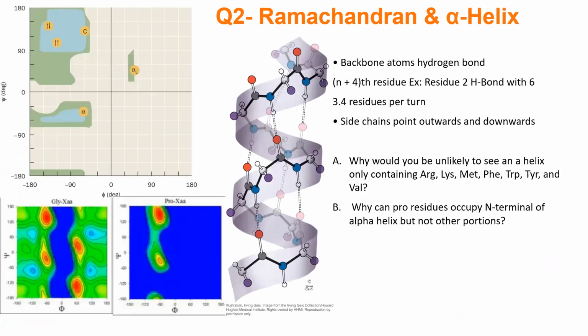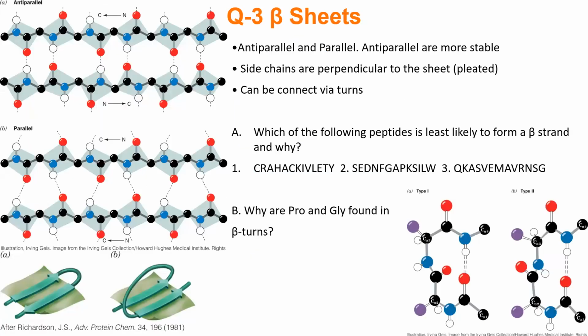If you remember, secondary structure is just the local backbone conformation of amino acids. The two types of secondary structure we talked about so far are the alpha helix, and we ended up on the beta sheet here. So let's move on from the different types of secondary structure.